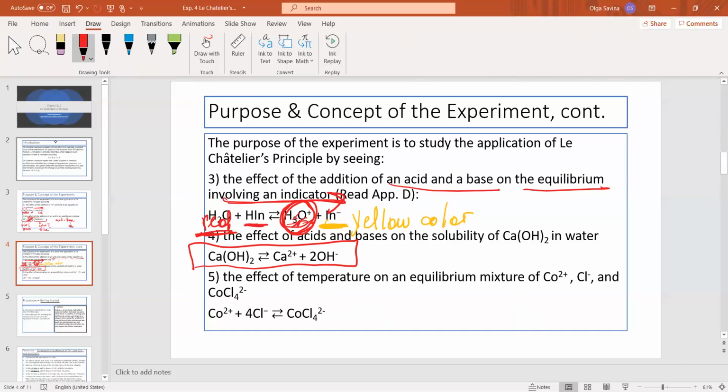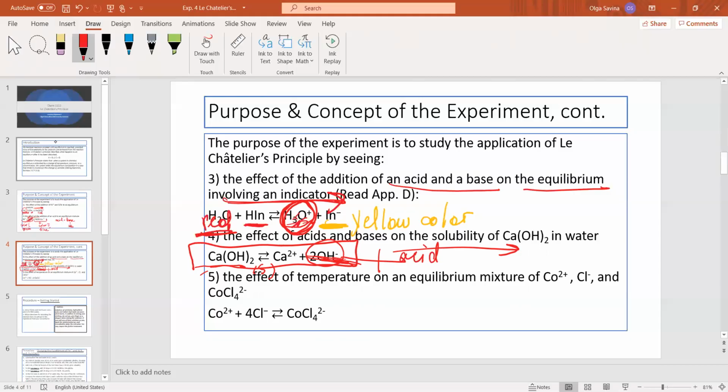So let's think what can happen if we add acid into our system. We add acid, and acid will react with the base, right? And the concentration of the base will be decreased. So the equilibrium will be shifted to the right to produce more OH minus ions, right? That means our compound, which is actually a solid on the left side, will dissolve.